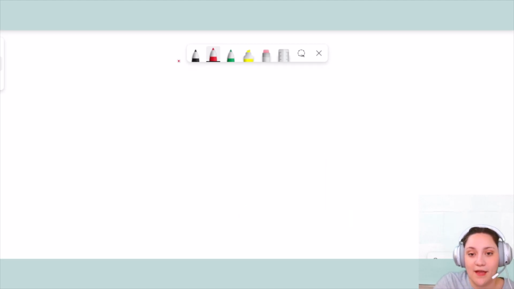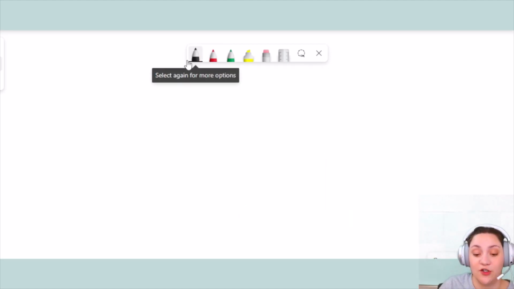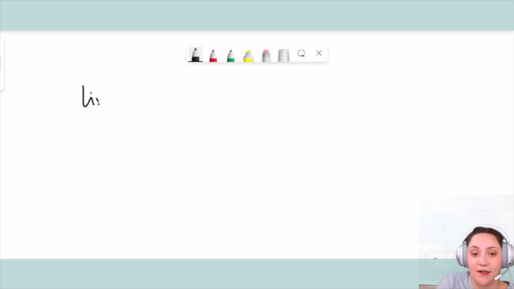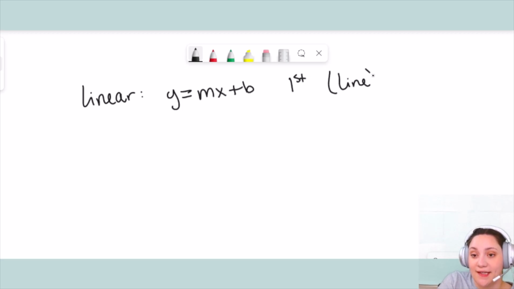So just as a reminder for polynomials in general, a linear polynomial, most oftentimes we put it in the form of y equals mx plus b. This is a first degree polynomial and its graph is a line.